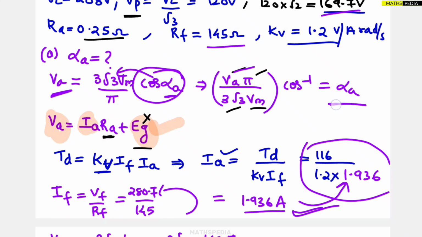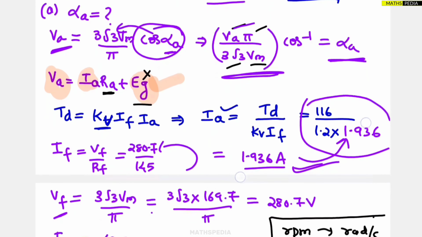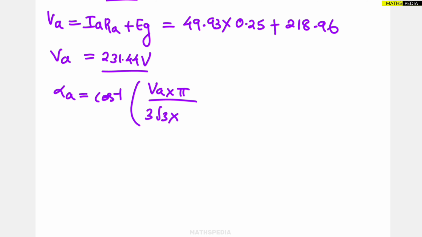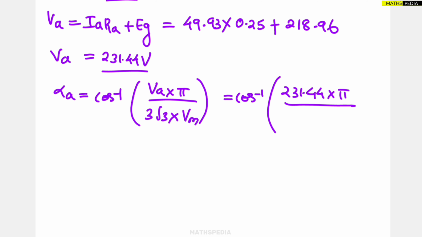That formula is given over here. Alpha A is equal to cos inverse of VA into pi divided by 3 root 3 into Vm. So that is cos inverse of the VA value we found, 231.44 into pi divided by 3 root 3 into Vm.